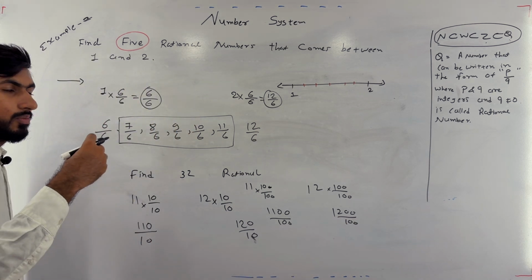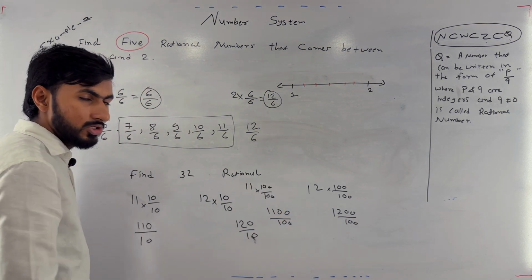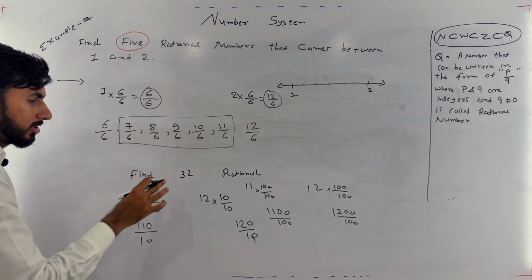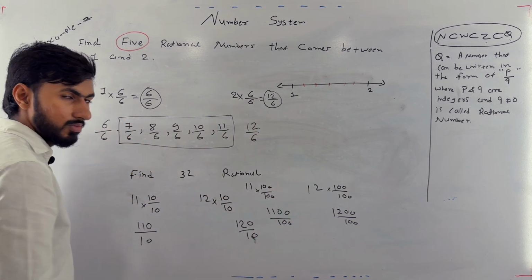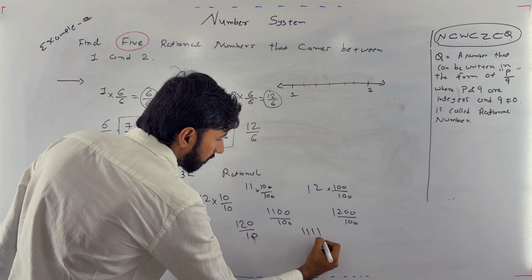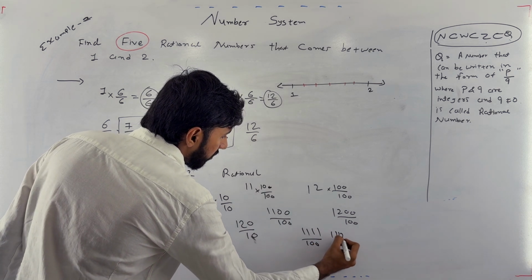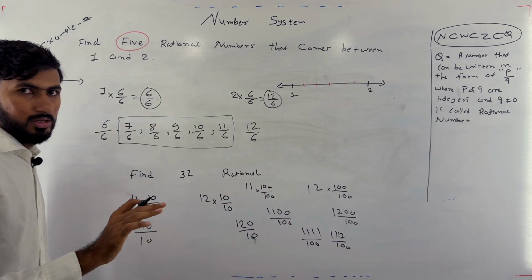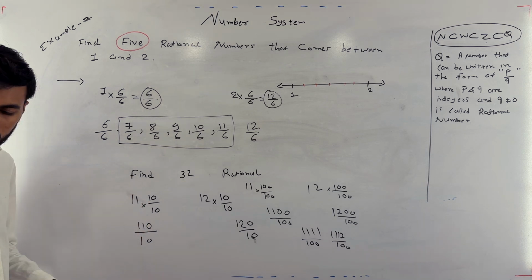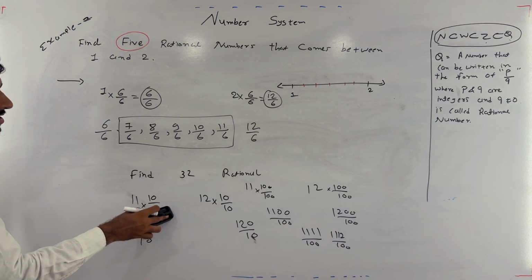Now there are 99 numbers in between these two. So you can write any 32 rational numbers, like 1111 by 100, 1112 by 100. So do you understand what I am trying to say? This is the easiest way.